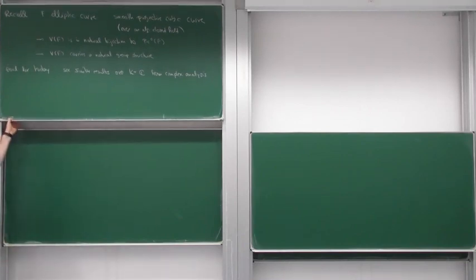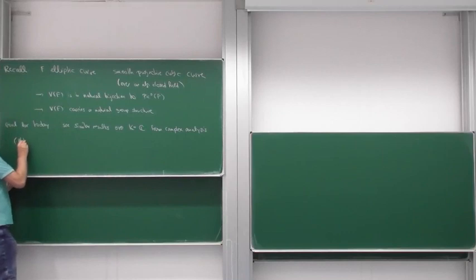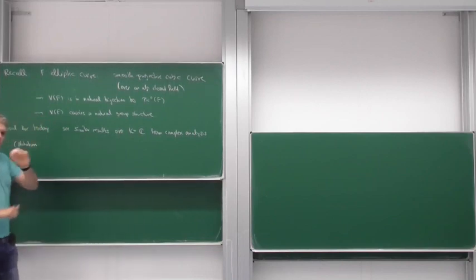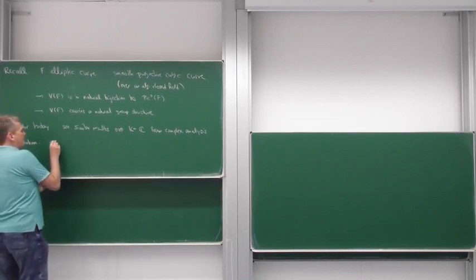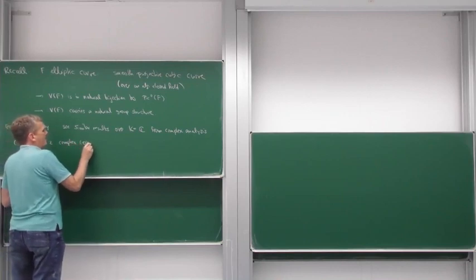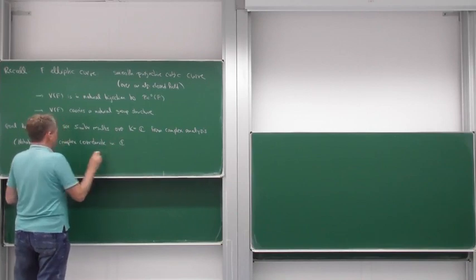First of all, just for the notation, in complex analysis it's customary to have one complex variable, which is usually called z. Up to now, this was the third coordinate in projective space. So for today, we'll have z as a complex coordinate in the complex plane.